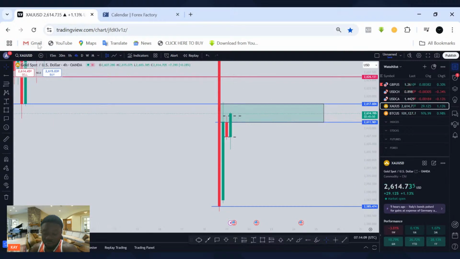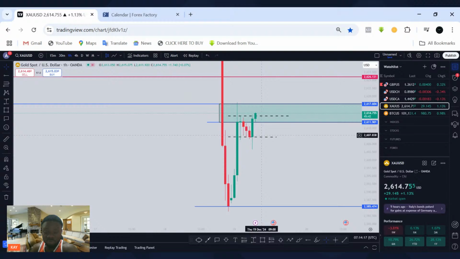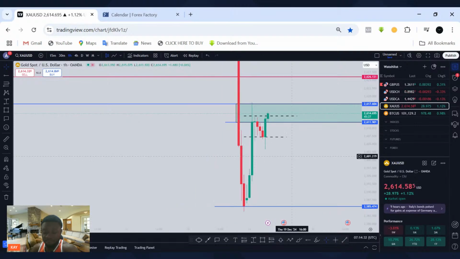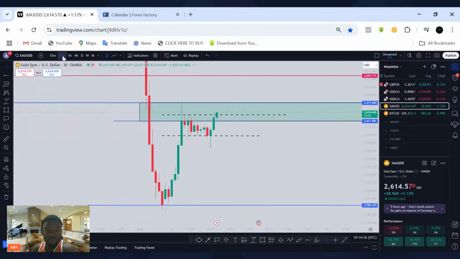So as I'm saying, since it closed below this one, maybe it's going to flip, get to this side, then it will retrace. That's what might happen on gold.